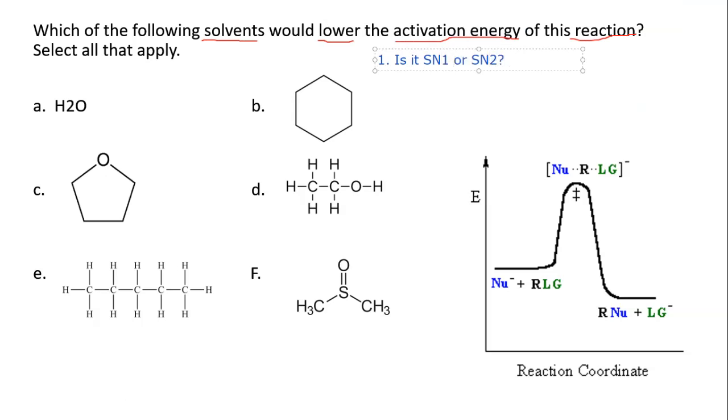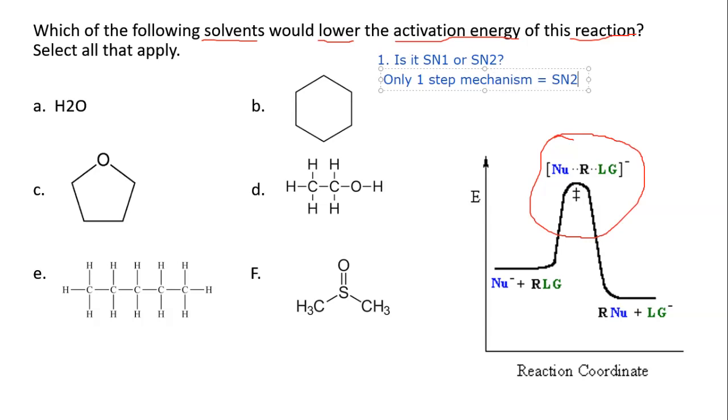Is it SN1 or SN2? For that, we look at the energy diagram. There's only one step, so since it's a one-step mechanism, it's an SN2 reaction.